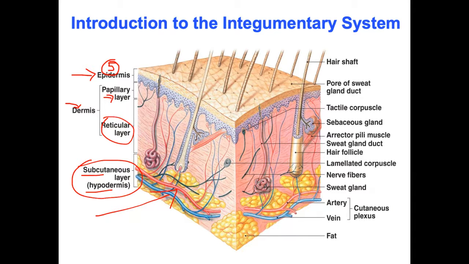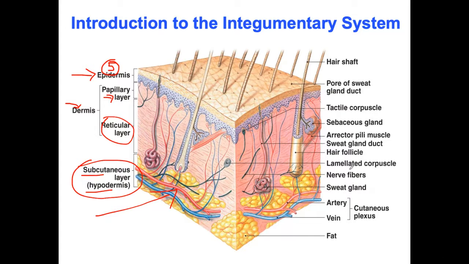It has epithelium, it's got connective tissue, right? You've got blood vessels here. It's got muscle. You also have fat, which is connective tissue. You've got smooth muscle here. It's called the erector pili. It makes your hair stand on end, gives you the goosebumps.